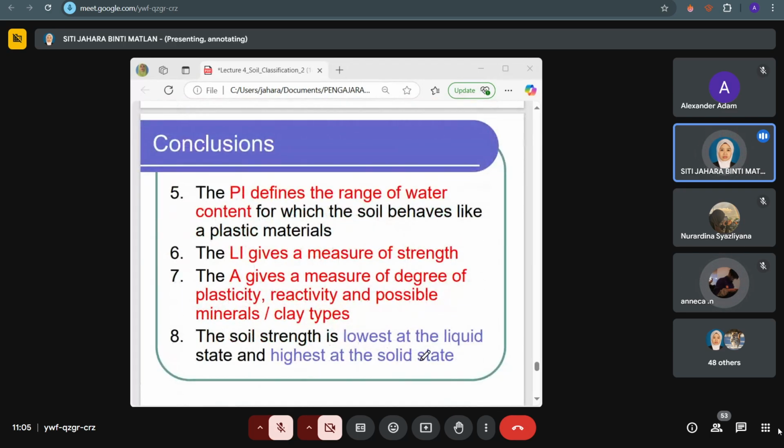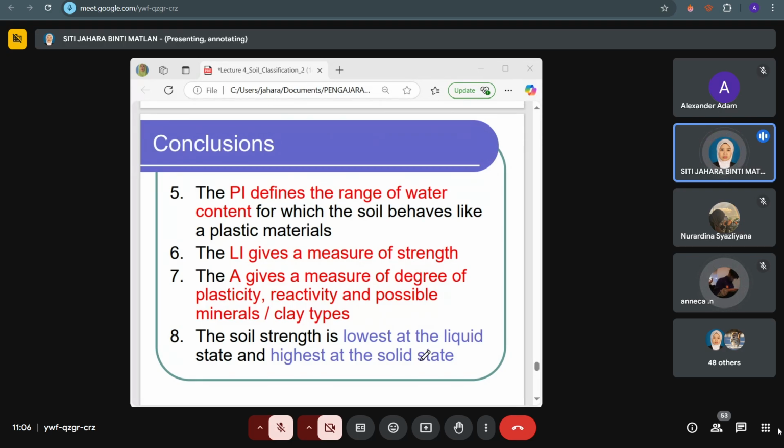The PI defines the range of water content for which the soil behaves like a plastic material, and LI gives a measurement of strength indicator. A, the activity, gives a measure of degree of plasticity, reactivity, and possible mineral or clay types.